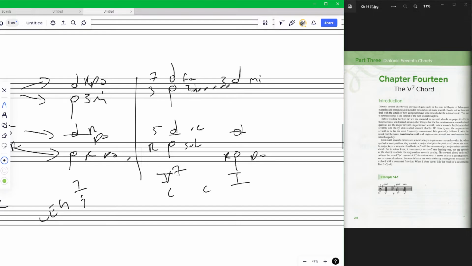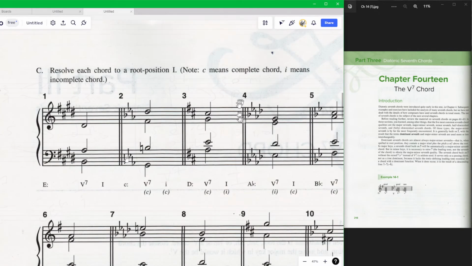We can't take Ti to Do, otherwise we have an incomplete triad. We have to frustrate the tendency of the leading tone, take it down a third to G, which is Sol, the fifth of the chord. Now look at that, 2 roots, a third, and a fifth. This is how you do complete to complete. Makes sense? Let's put this in practice.